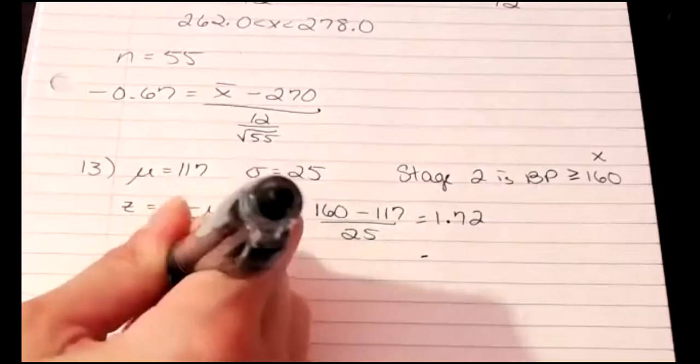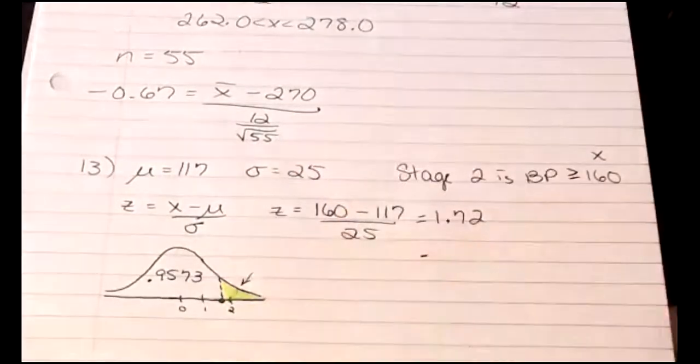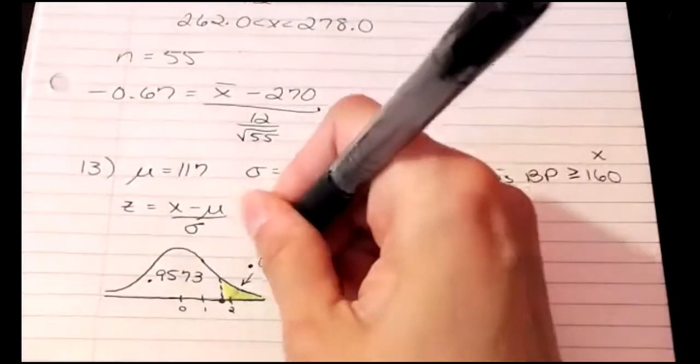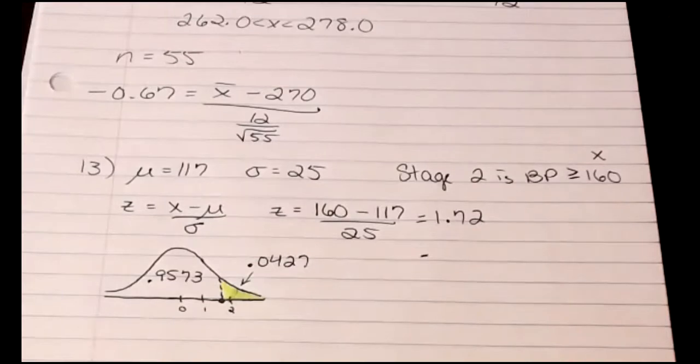Yes, that represents the area to the left. Once you subtract it from 1, you get the area to the right. Yes, absolutely. So the area to the right is going to be 0.0427. Excellent, Donna.